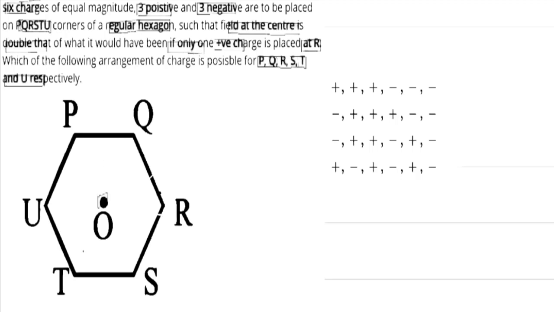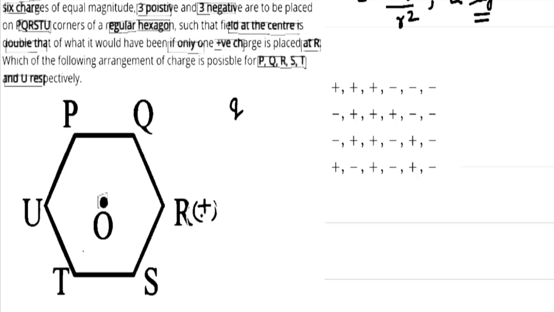Okay, so we have to find the electric field at the center, and there is only one positive charge, and consider the magnitude of charge is Q. We know that electric field can be given as kq/r², and from all the corners the distance to the center is the same and the magnitude of the charge is the same, so the electric field will be considered as E. So say the electric field at the center is E. Now let's talk about the direction.